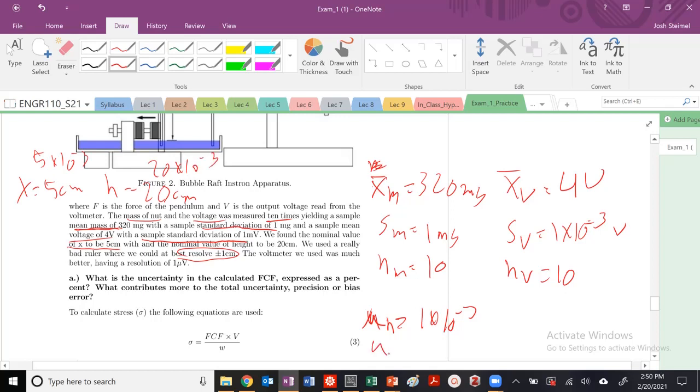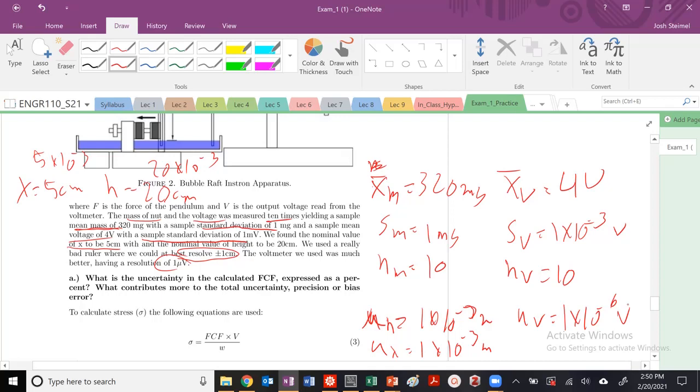So the uncertainty in height and the uncertainty in x are each 1 times 10 to the minus 3 meters. The voltmeter used was much better, having a resolution of 1 microvolt, so the uncertainty in the voltage was 1 times 10 to the minus 6 volts.